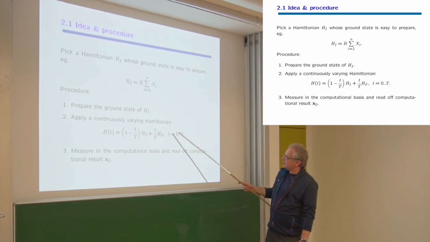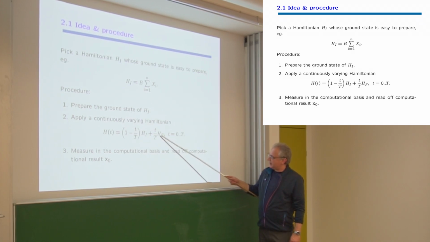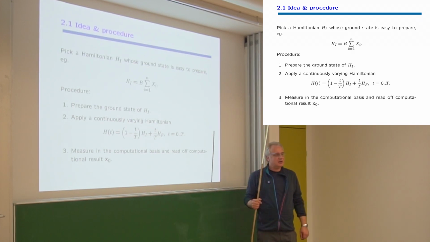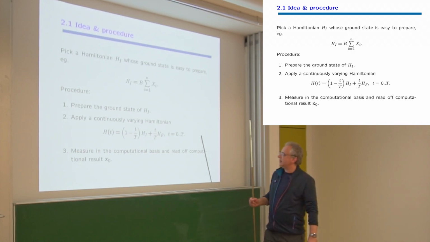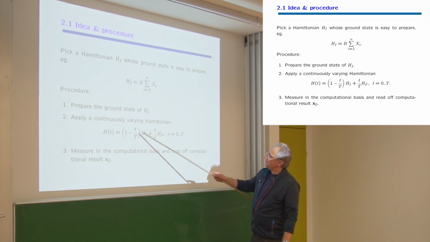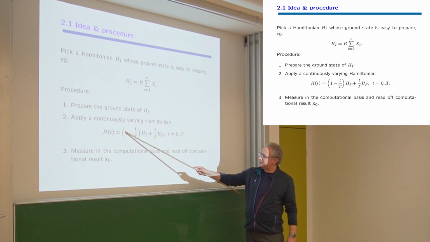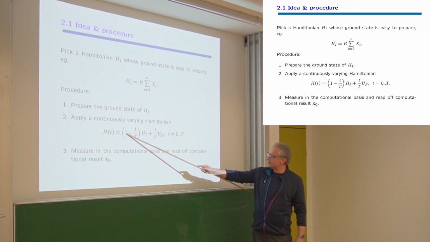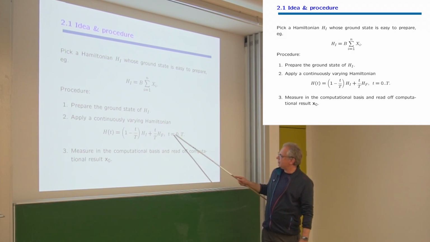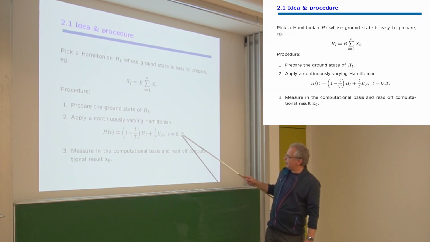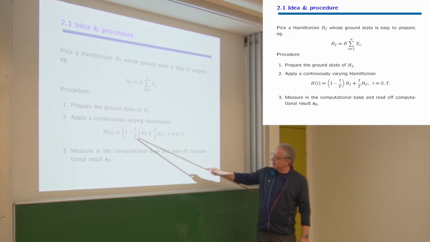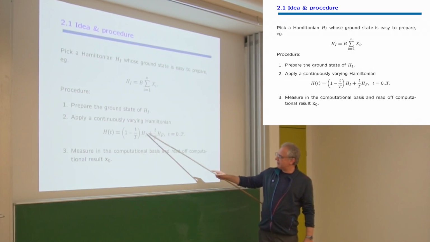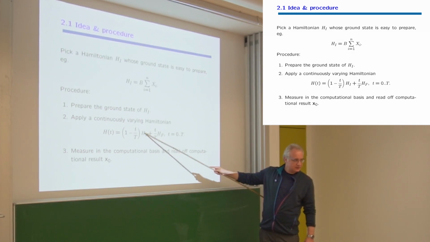You see that its contribution diminishes over time. It starts strong, and then as time progresses from 0 to our final time, capital T, it continuously goes towards 0. This is where it gets its label: I is for initial. This is the initial Hamiltonian.